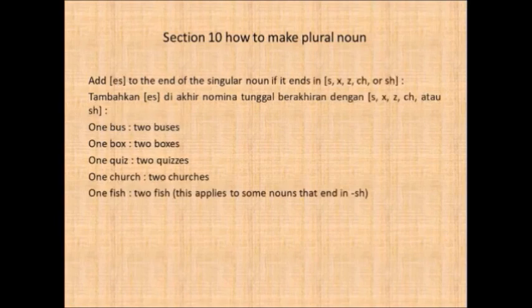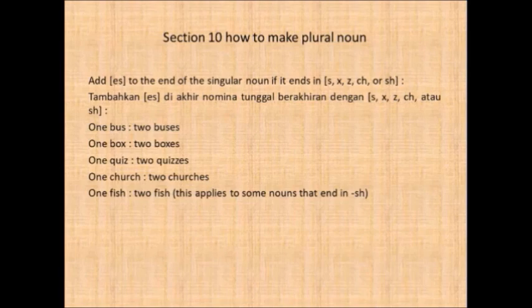Add es to the end of the singular noun if it ends in s, x, z, ch, or sh. 1 bus, 2 buses. 1 box, 2 boxes. 1 quiz, 2 quizzes. 1 church, 2 churches. 1 fish, 2 fish.